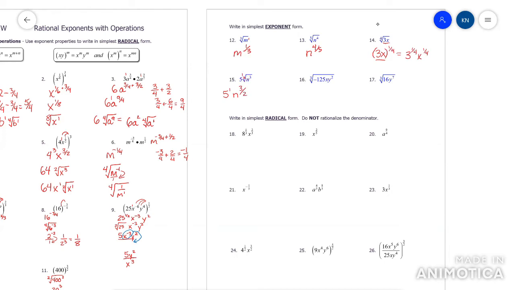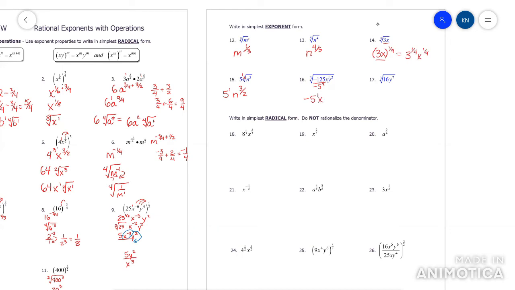All right, the next one, the cube root of negative 125 x y squared. So this right here is negative 5 cubed. So when you do the cube root of that, it's going to cancel and just drop negative 5 to the 1. Now the x and the y squared, well, that's still going to have a rational exponent.